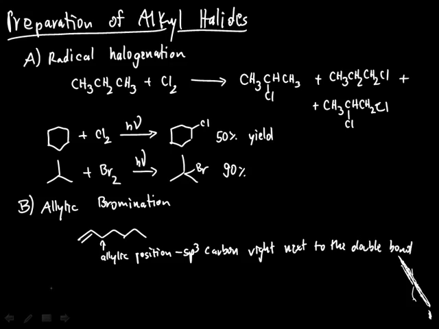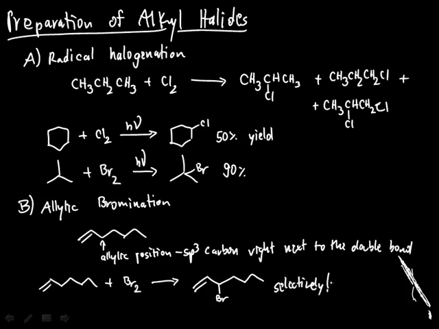And what happens when we have those sp3 carbons right next to the double bond is that bromination of those positions is very selective. So even though there are multiple secondary positions in this hydrocarbon, it will selectively brominate only the one right next to the double bond.